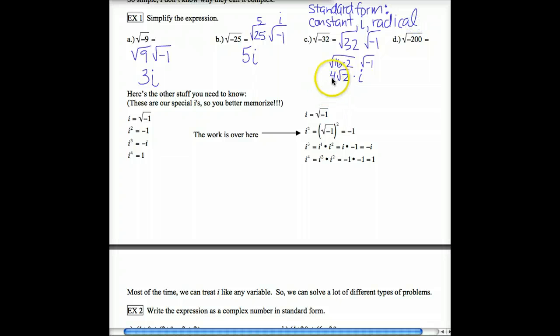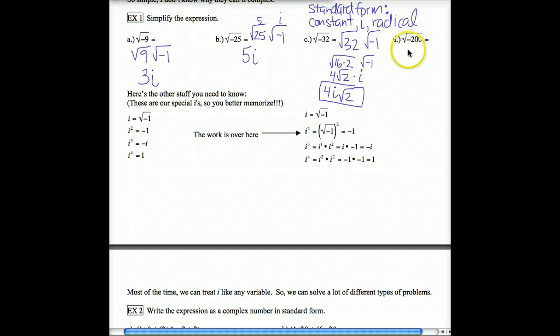So this answer, when I multiply 4 radical 2 times i, is 4i radical 2. Because things that get to come out of the radical should be in front. So that's why the i gets to go in front of that radical 2.